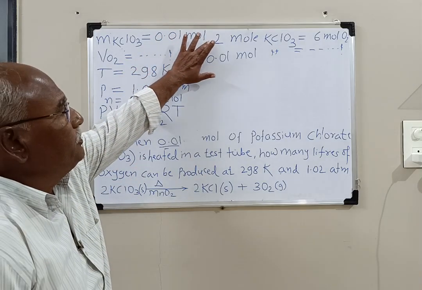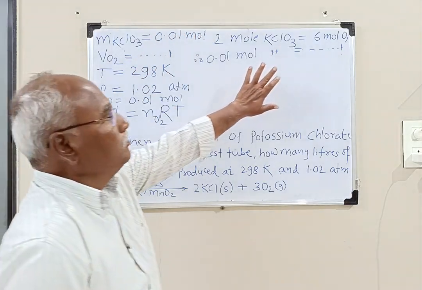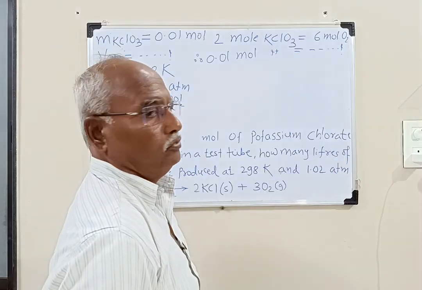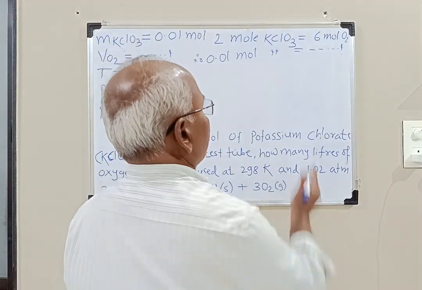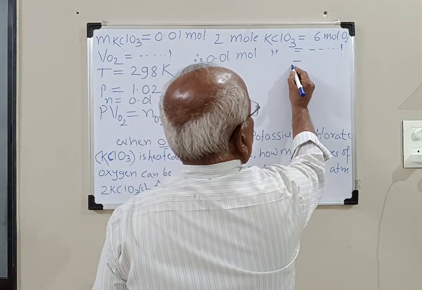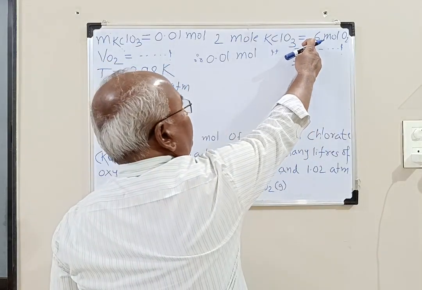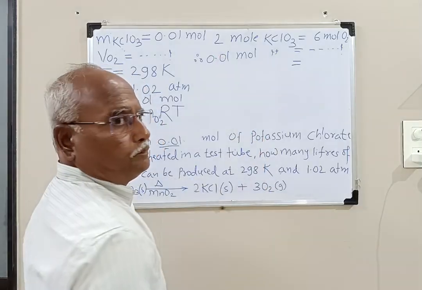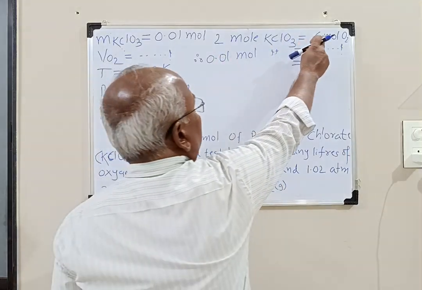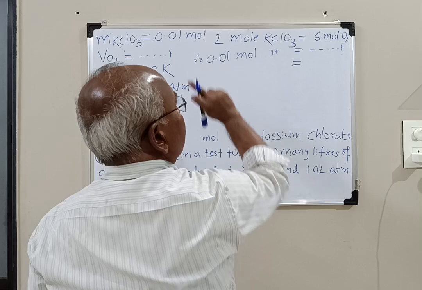From this relation, we calculate moles of O2. Simplify this. Cross multiplication divided by 2.